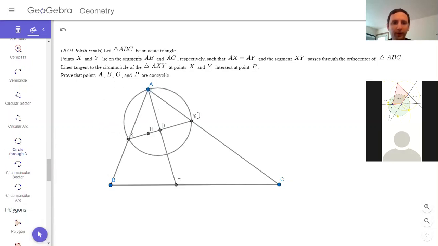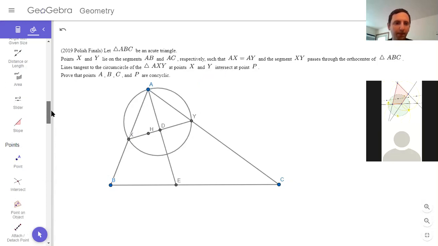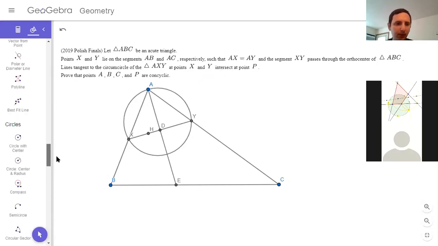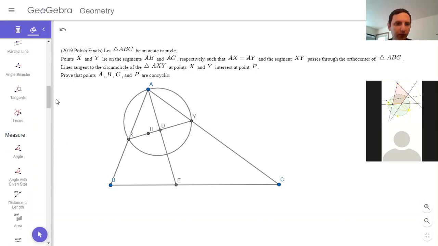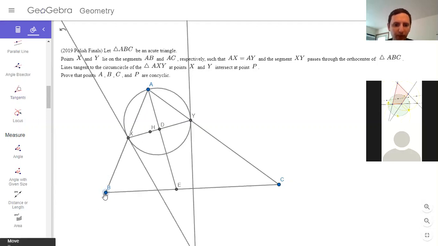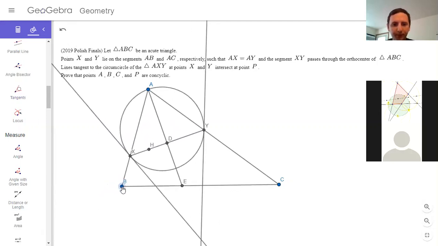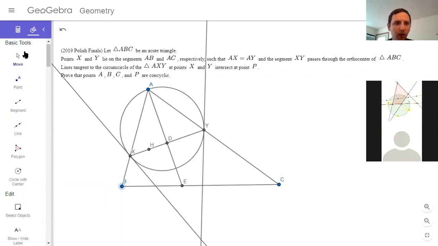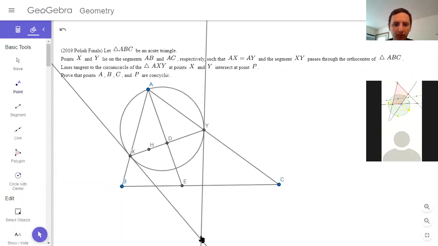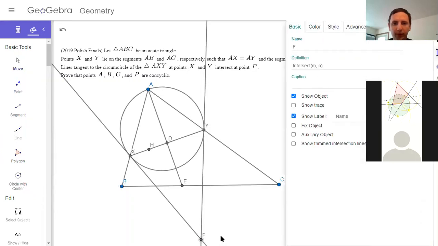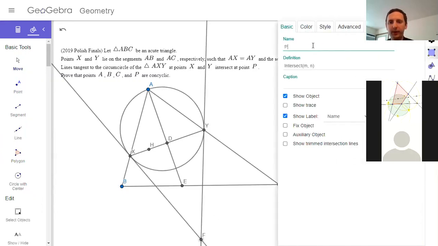And then we draw the tangent lines at X and Y. Let's see if I can find the tangents. All right, let me move the diagram around a little bit. So those intersect at point P, and we want to show that A, B, C, and P are cyclic.